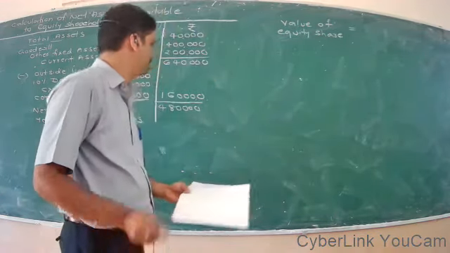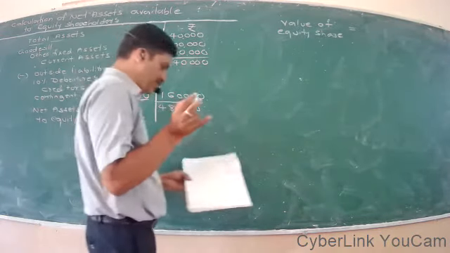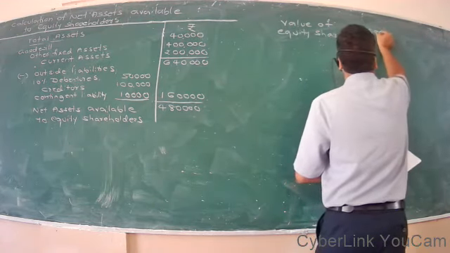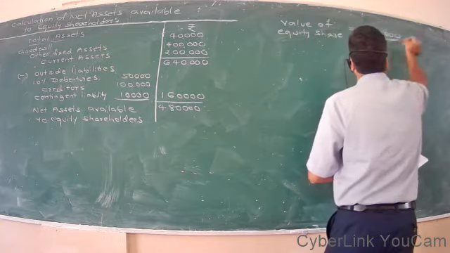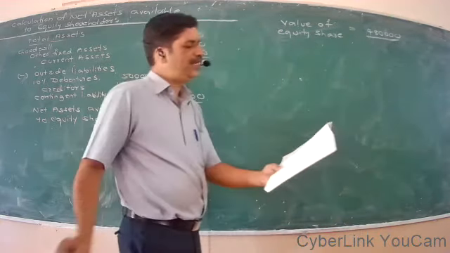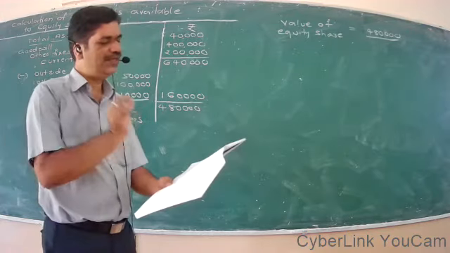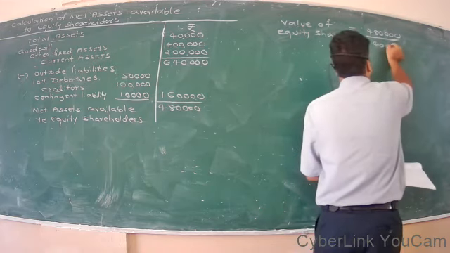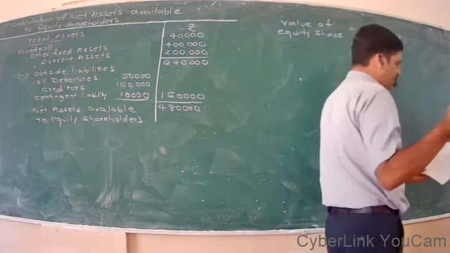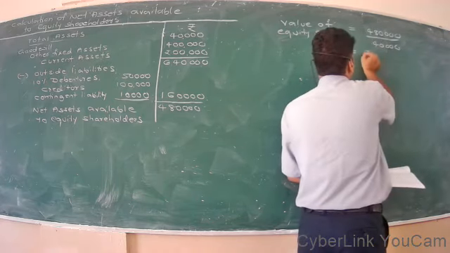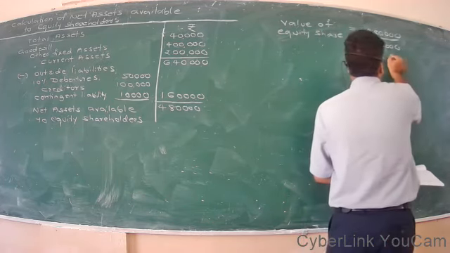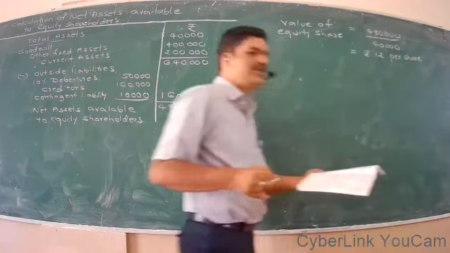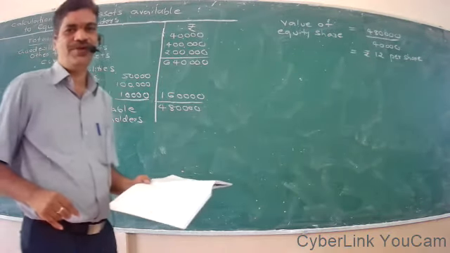Net assets available to equity shareholders is 4,80,000, divided by the number of equity shares, which is given in the share capital, 40,000. So 4,80,000 divided by 40,000 is rupees 12 per share. Rupees 12 per share is the value of the equity share.